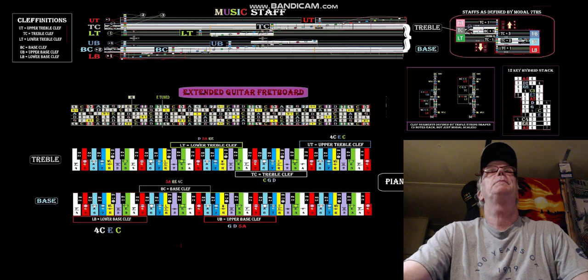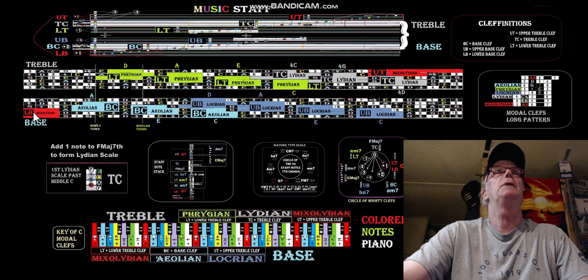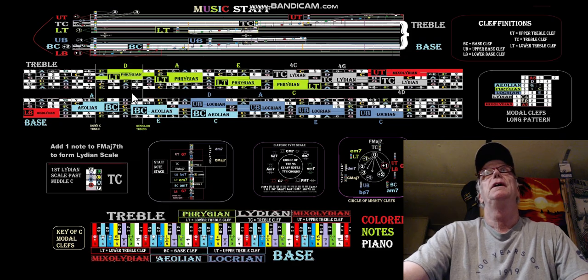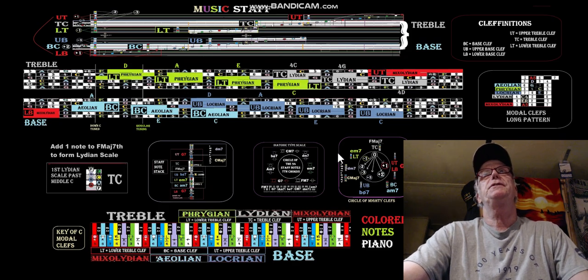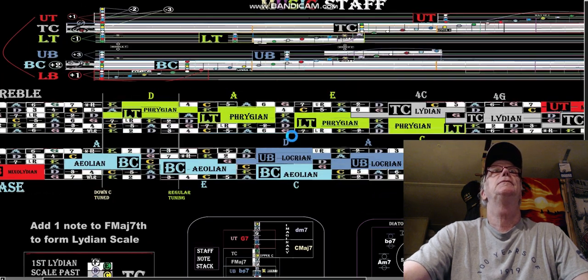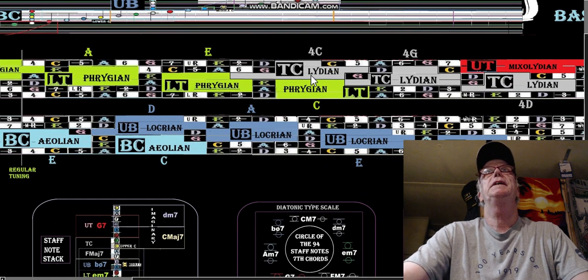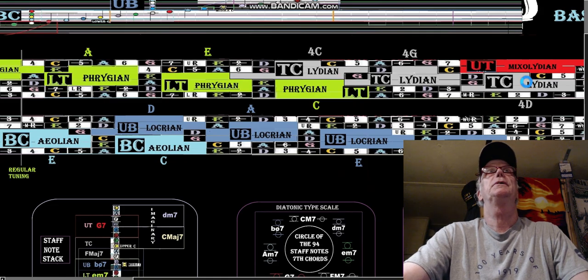So let's back up a minute, back over to 515, and look at the treble and the bass with my first attempt to show you where these clefs actually are. So here's the lower treble clef down here, and then we have Lydian for the treble clef up here.